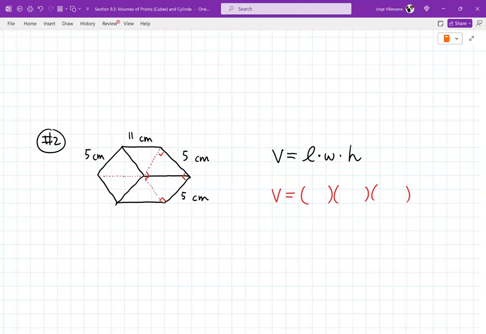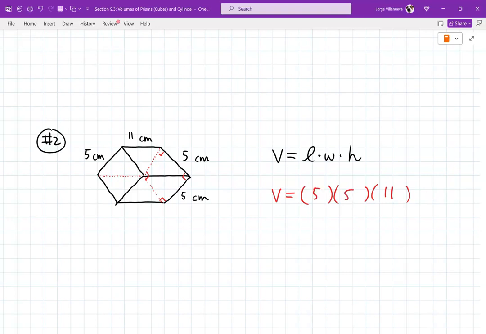But to me, I'm going to rotate it so that the part with the right angle notation is flat on the ground. Once it's flat on the ground, the vertical line is my 11. So this is going to be my height. But notice it doesn't matter which number I pick, because I'm just going to multiply all of them. What are my length and width? 5 and 5.